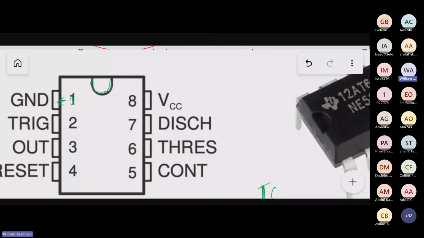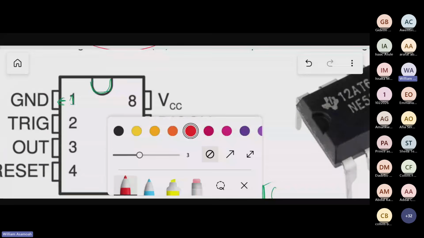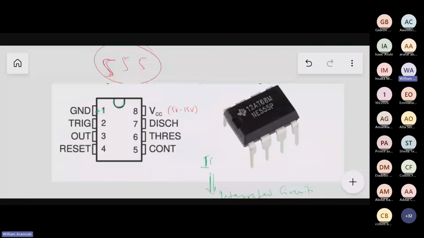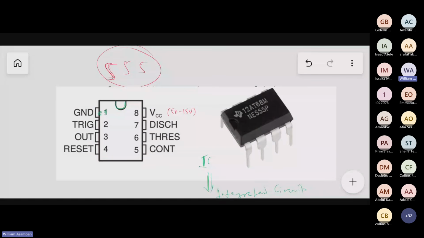So VCC can take any voltage from 5 volts to 15 volts. Pin 3 is where the periodic signal will come out from.